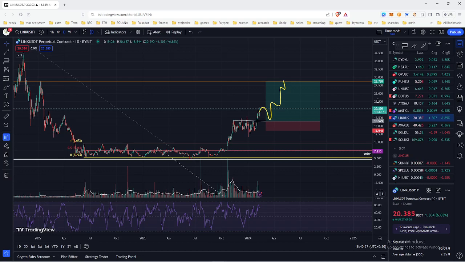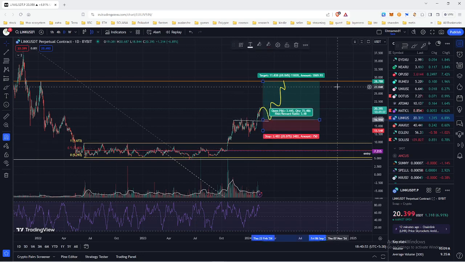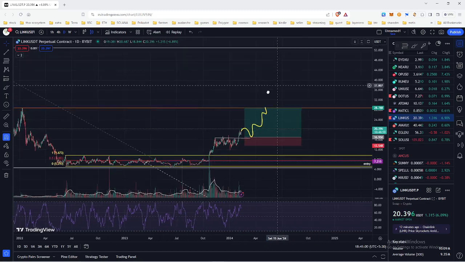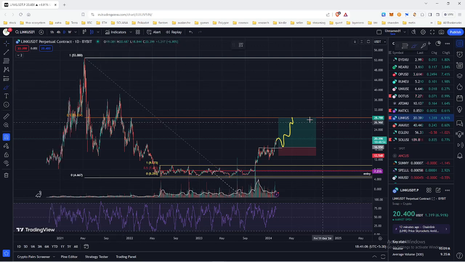Okay, so this is my daily trade. I will wait for it to reach around 17 to 16.5. Let's make it 17. You enter at 17, you exit at 28.7. If scenario 2 happens, like we discussed before, then you can enter your next trade.